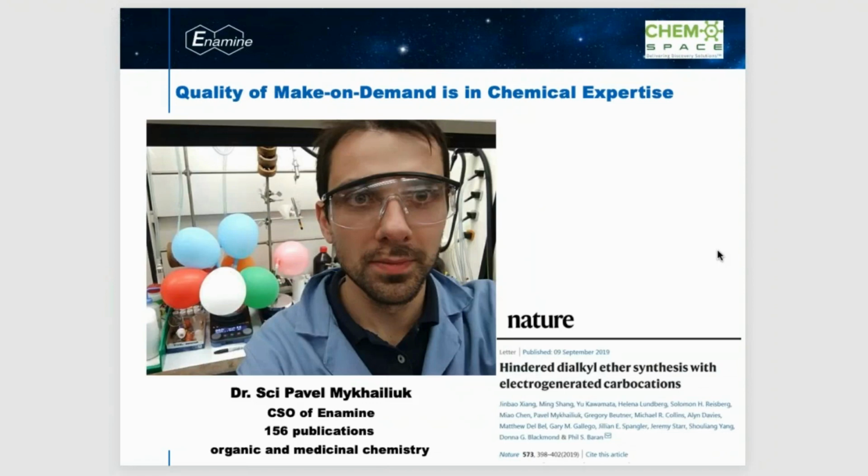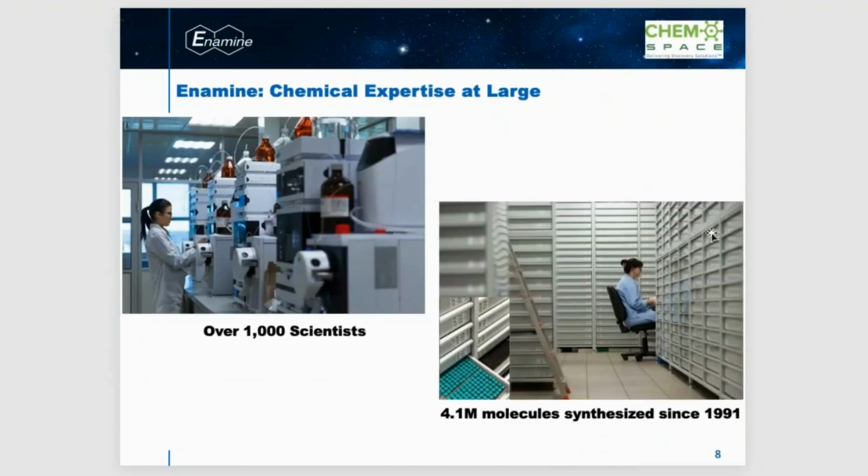We think that the quality of make-on-demand compounds is actually in chemical expertise, and this expertise is something that has made Enamine famous, because it hosts over 1,000 different scientists, who generate that chemical expertise and basically use it and reuse it for their projects.